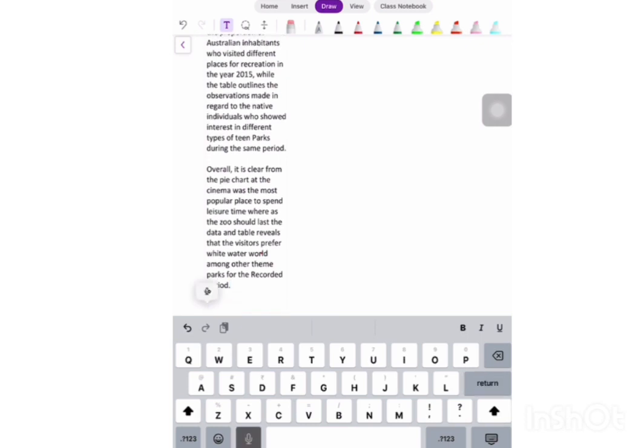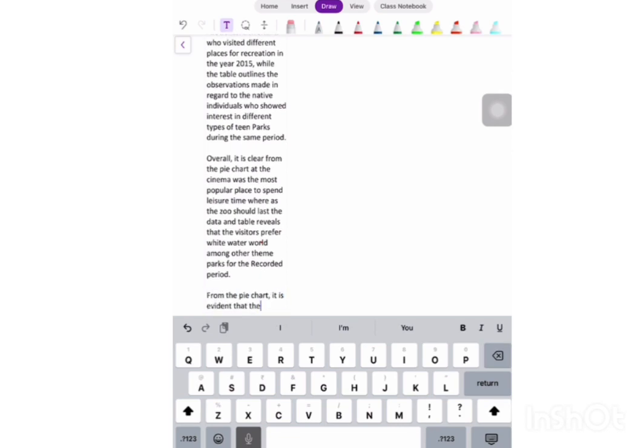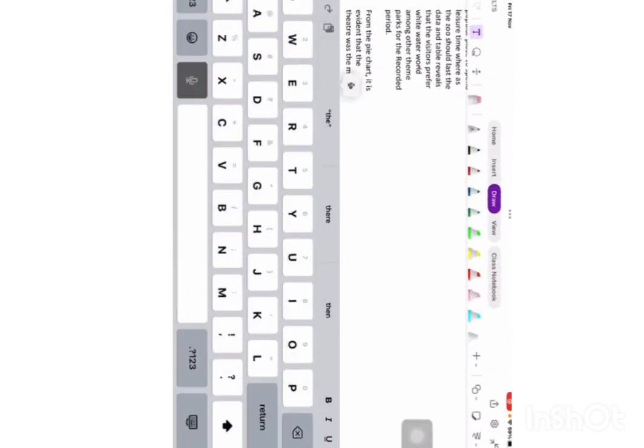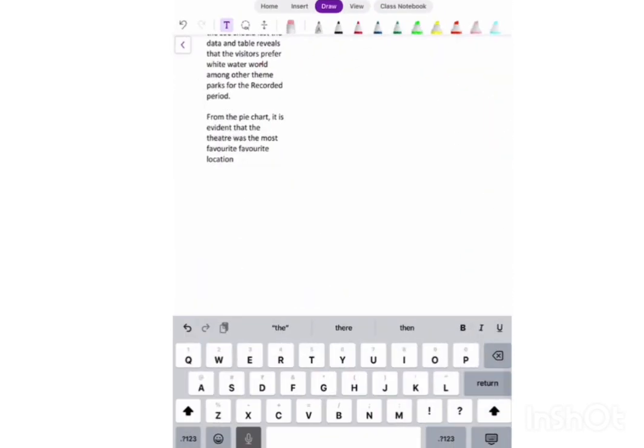In the year 2015, while the table outlines, so this is also a good word, outlines the observations made in regard to the native individuals. Good usage of word, native individuals, who showed interest in different types of theme parks during the same period.